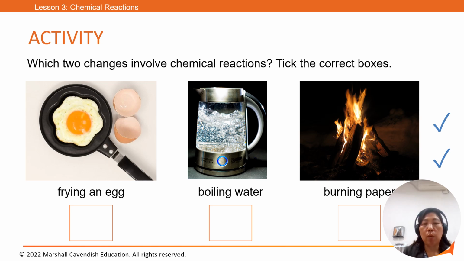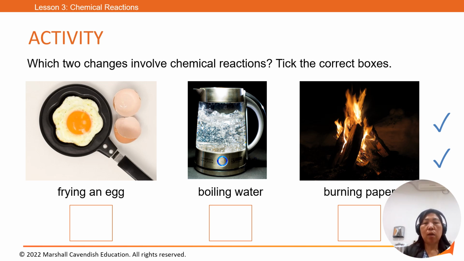But we know that there is a water cycle, that the water vapor will change back after it meets the room temperature. It will turn back into water. But the burning paper, when you burn paper, the paper will change its composition and then change into another substance.